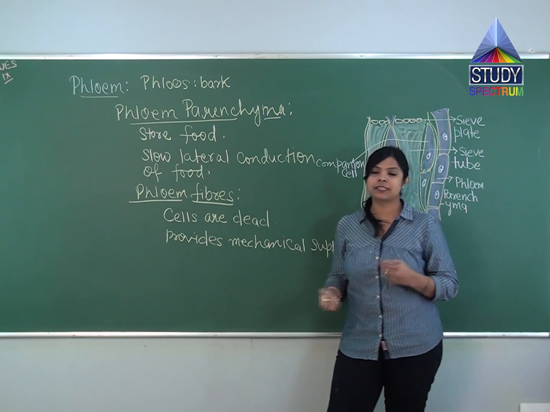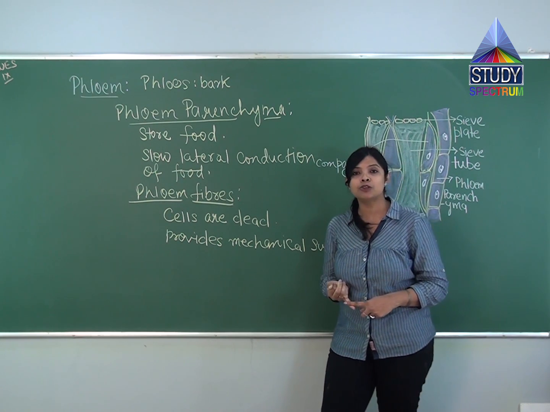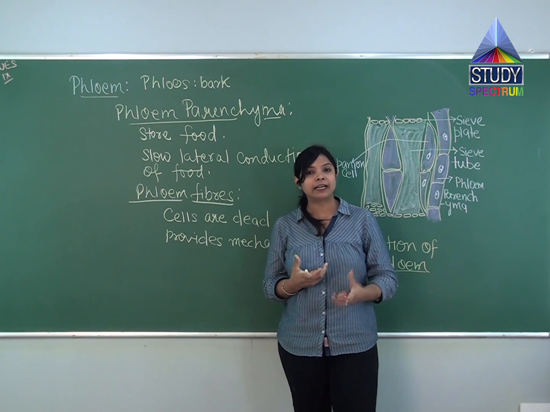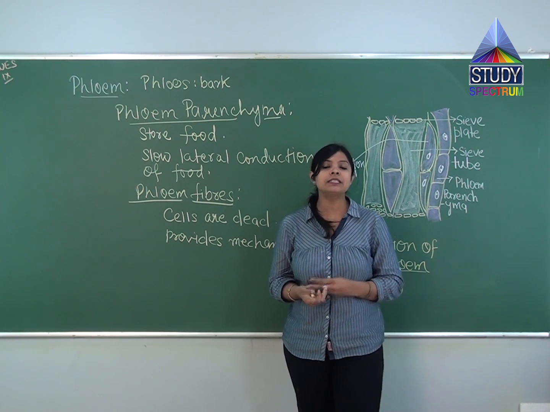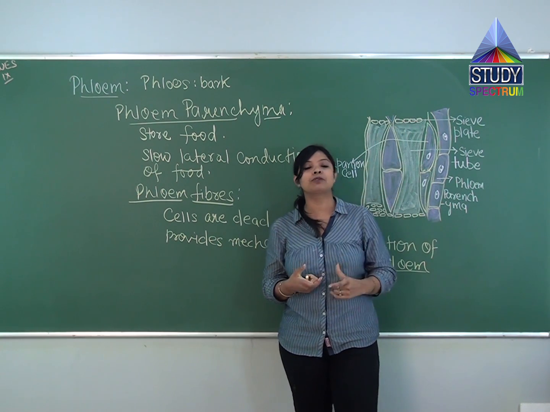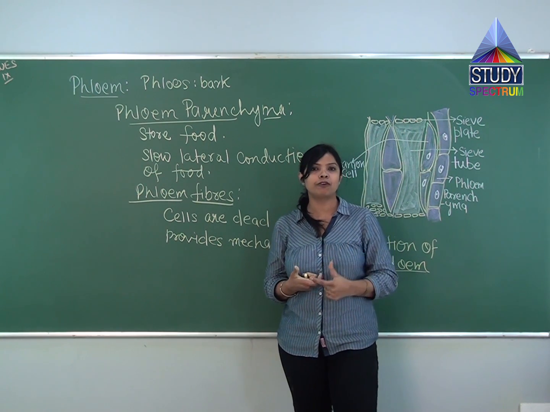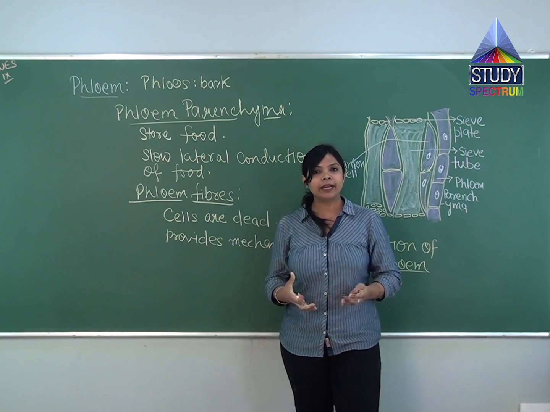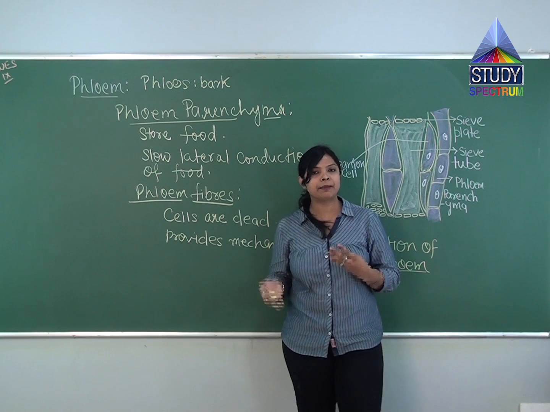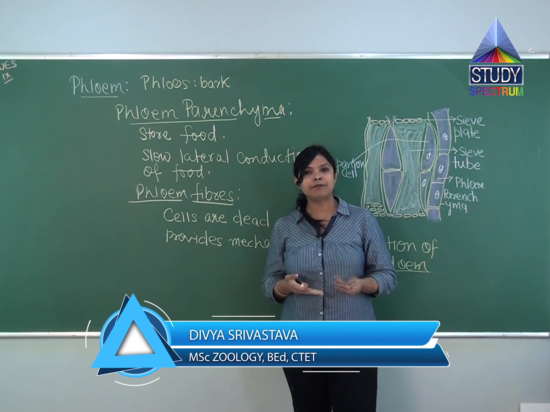So what have we discussed here? We have discussed the sieve tube. What is the role of sieve tube? These are tube-like structures with perforated walls, and sieve plates are present, which help in the conduction of food from one cell to another. Companion cells help to regulate the metabolic activities of the sieve tube.